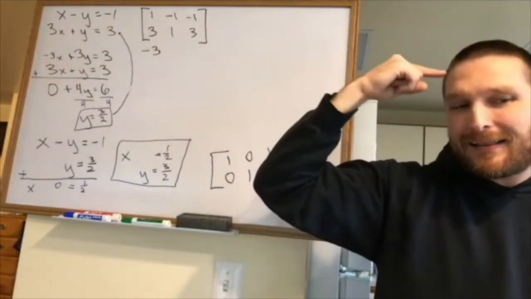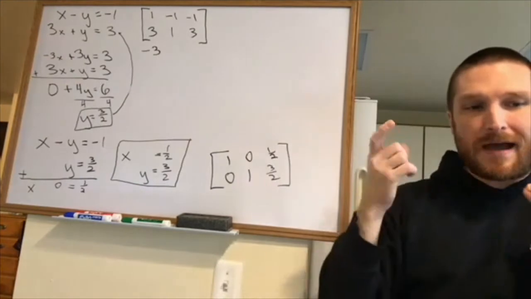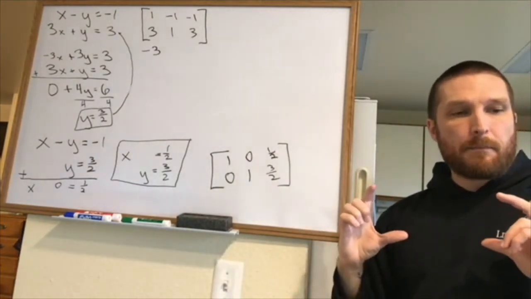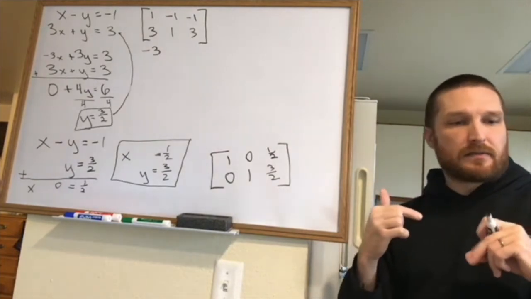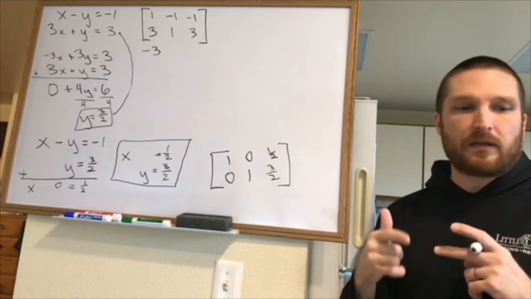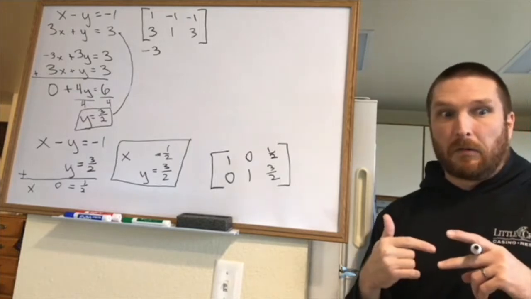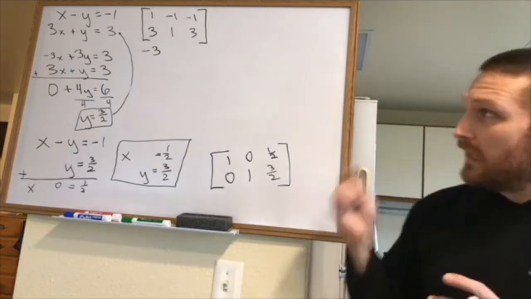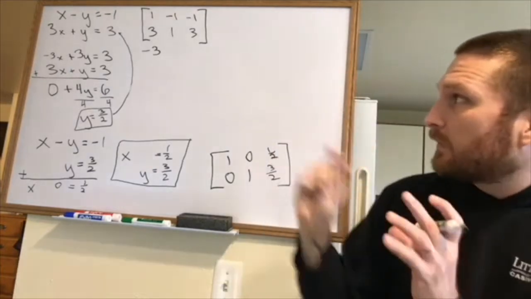The way I like to do it is I like to write what I'm about to add to a row just outside of the matrix. This is not standard. This is just the way that Justin started doing it when he was in algebra 2. It's been forever. I've always done it this way. But it helps me organize stuff.